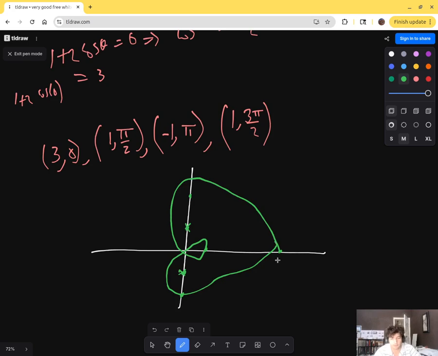That looks terrible. So anyways, this is at point 1. This is at 1. That's at 3.